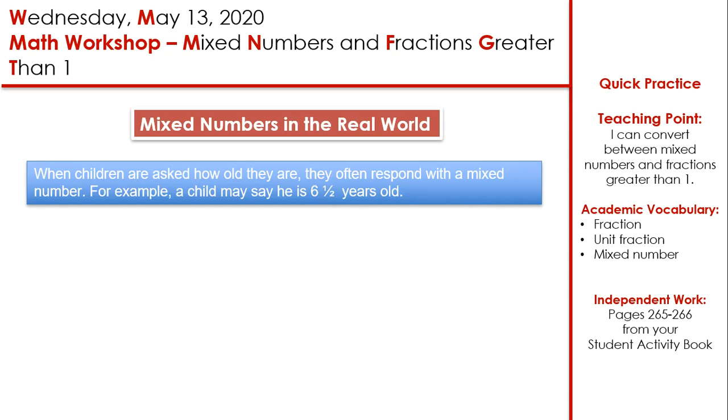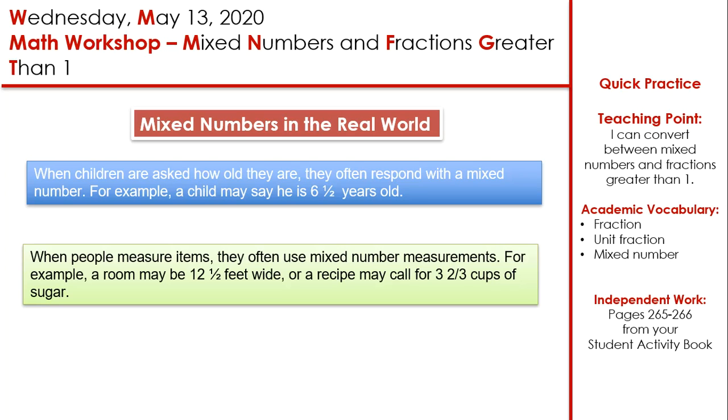For example, a child may say he's 6.5 years old. The only way that you can have a complete whole number of years without a fraction is at the precise time that you were born. Otherwise, even a second passing means you are adding a fraction to the years that you already have.